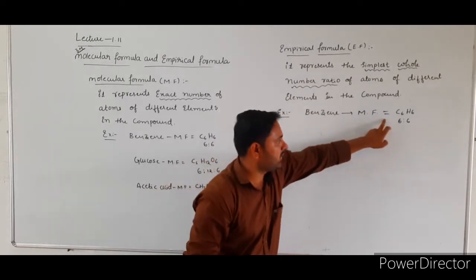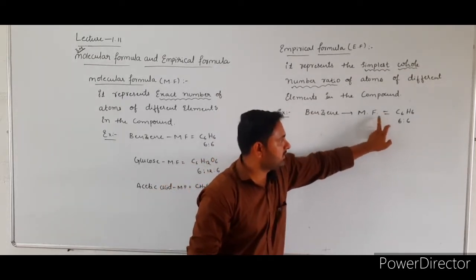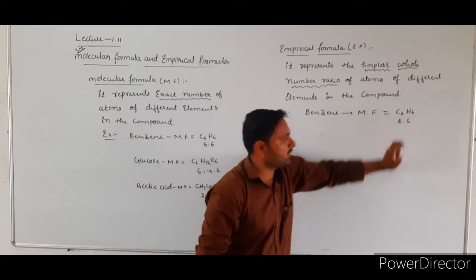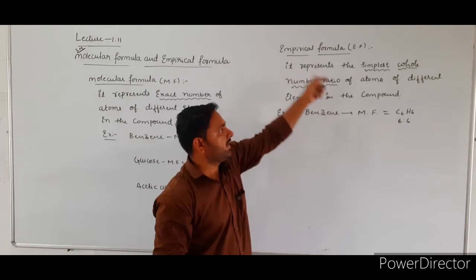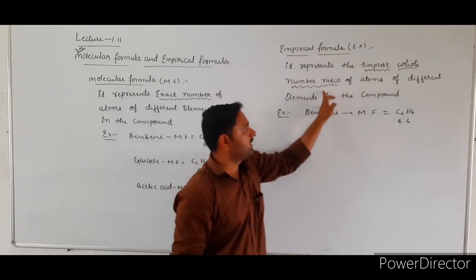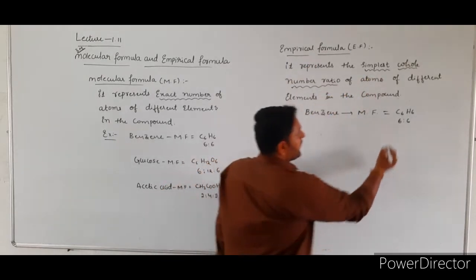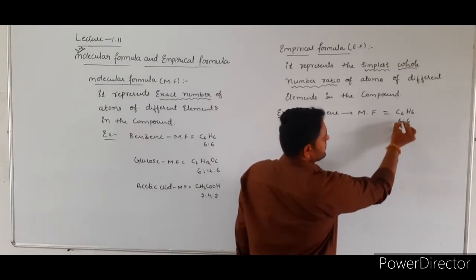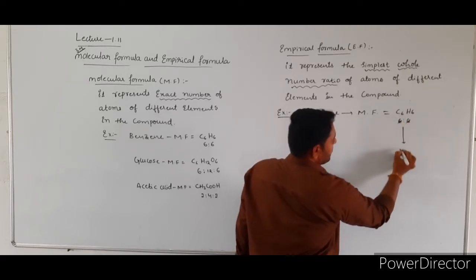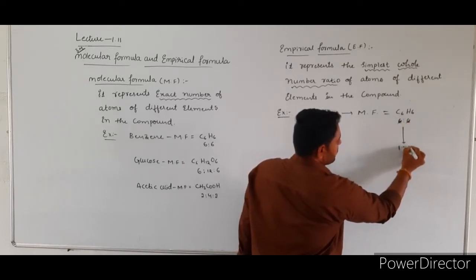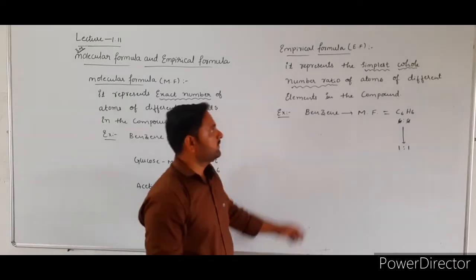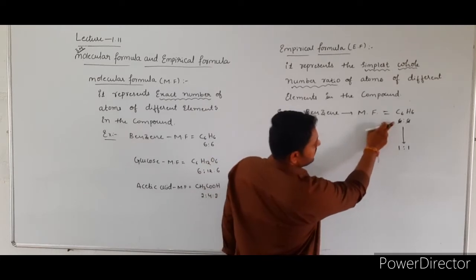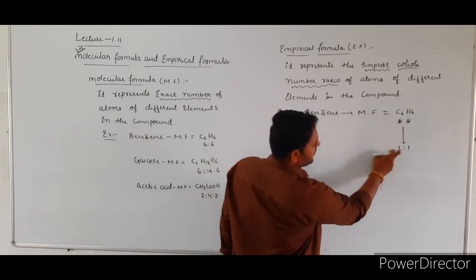This molecular formula represents the exact ratio of carbon and hydrogen. But empirical formula represents the simplest whole number ratio. To get the simplest ratio, you divide by a suitable number. Just 6 by 6, 6 by 6. Then it becomes 1:1. So we have to convert 6:6 into 1:1.